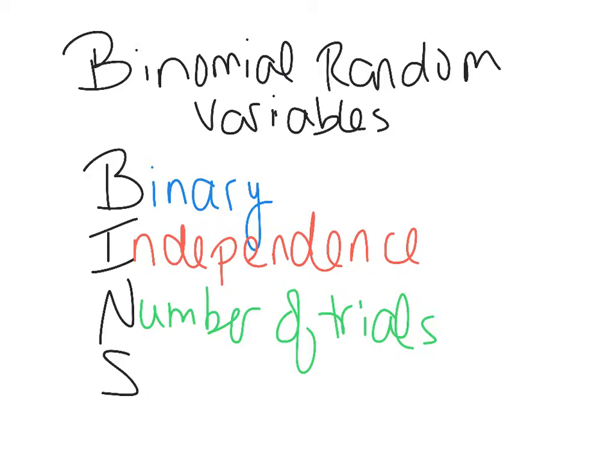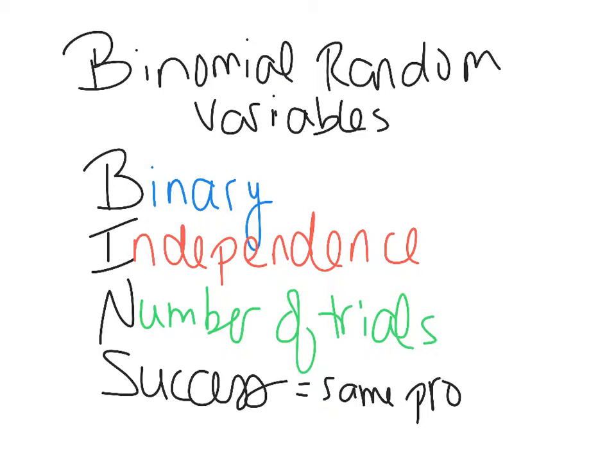And then the last thing you're looking for is success. By success, we mean the probability that you're going to get success. For example, if I'm flipping a coin, the probability that I will get a heads, which was our success. If I'm rolling the die, the probability that I will get a 3, which is a success. So our success is the probability, and it has to be the same probability for every trial. The same probability that I could roll a 3 every time, the same probability that I could get a heads every single time.